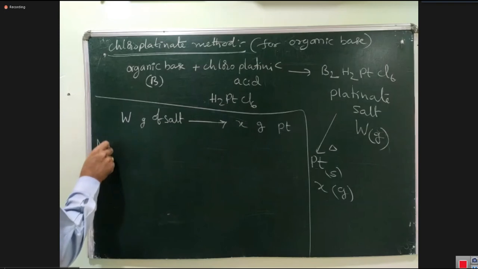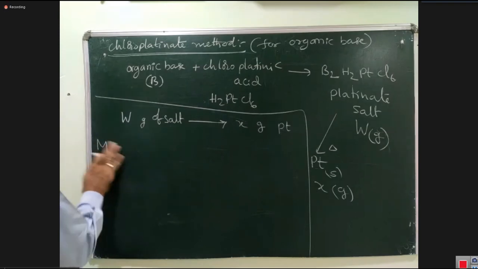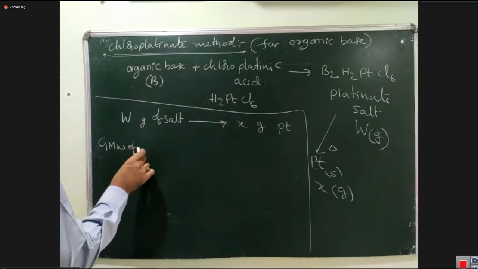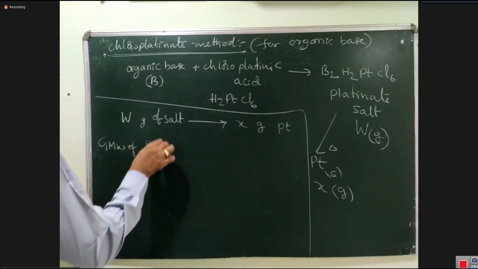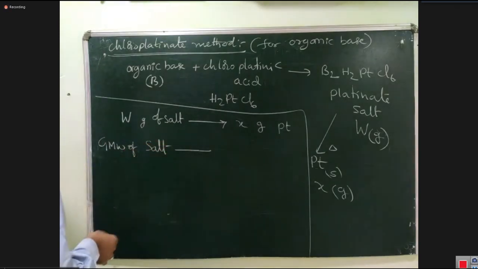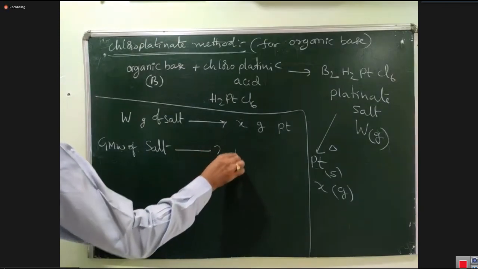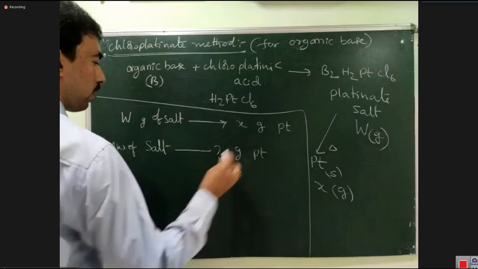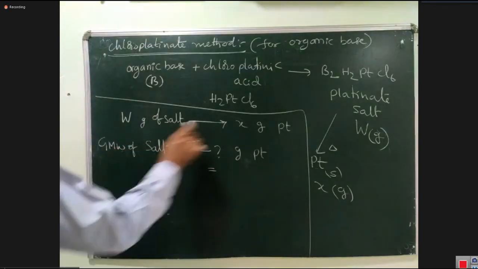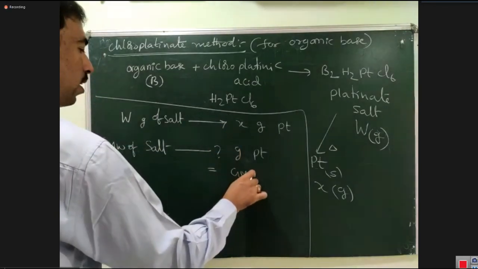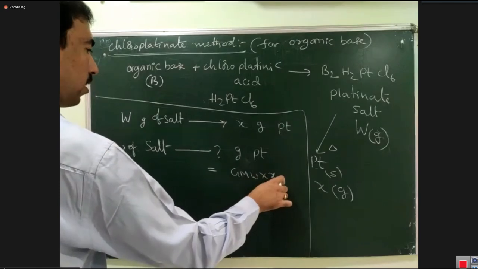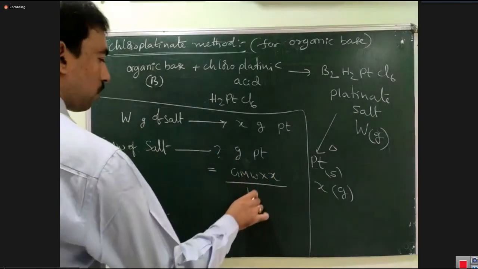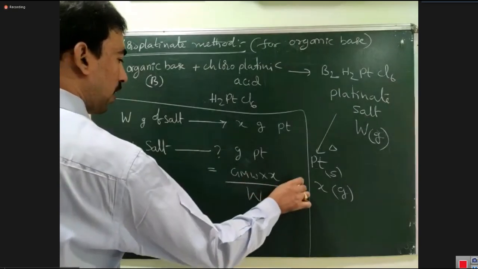The molar mass, the gram molecular weight of the salt, gives how much platinum? How many grams of platinum? Do the cross multiplication: gram molecular weight into X by W grams of platinum will be formed.